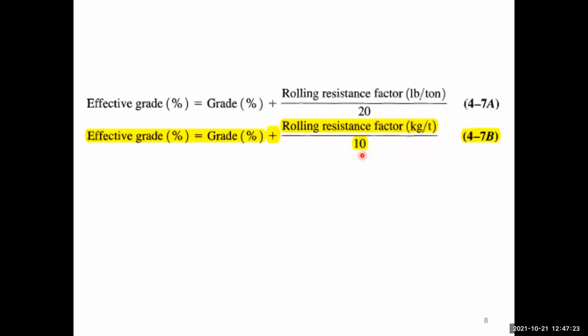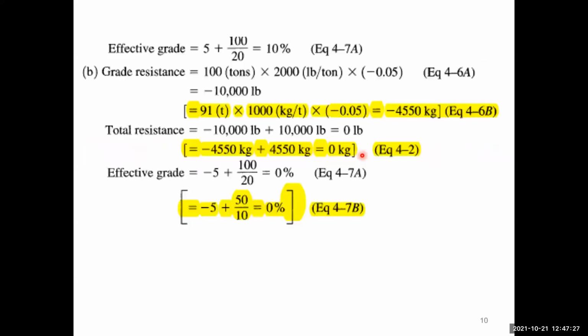So grade percentage plus the rolling resistance factor: the effective grade will be equal to 5 plus 50 divided by 10. So that will be 10%.